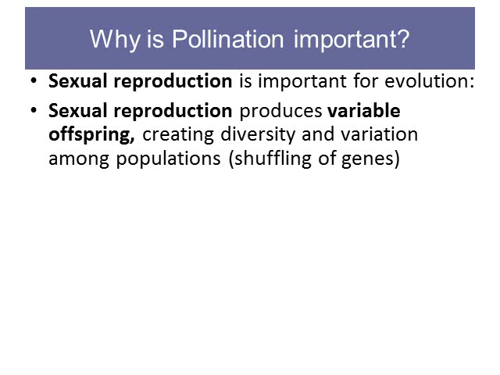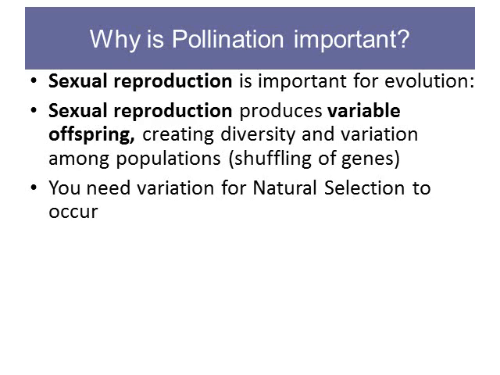You want to create diversity and variation among a population, you shuffle the genes around, and now you have some bananas in the population that are resistant to a disease instead of everything having the same resistances. You don't want to have constant asexual reproduction. And you need variation for natural selection to occur.